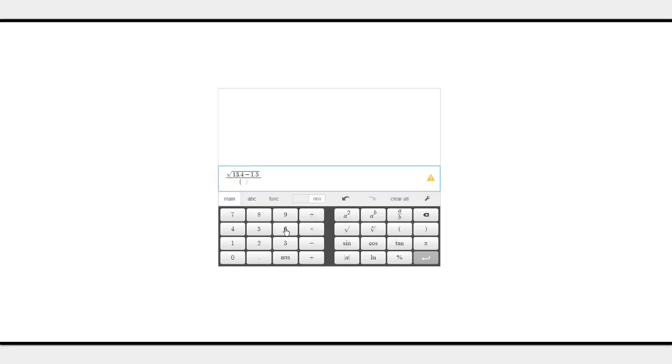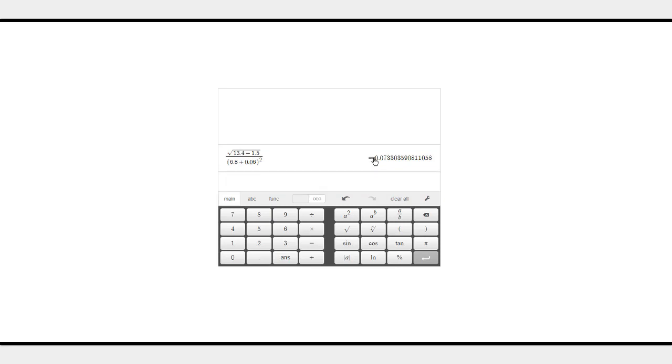You write it down exactly as you see on your exam paper. 6.8 plus 0.06, and then close bracket and square, and then you go back to here and you press equal, enter, and that is your answer.